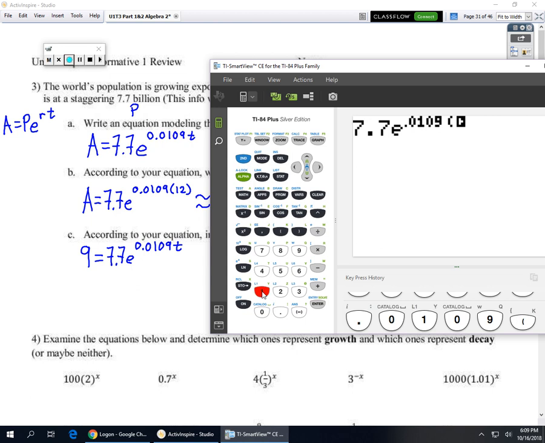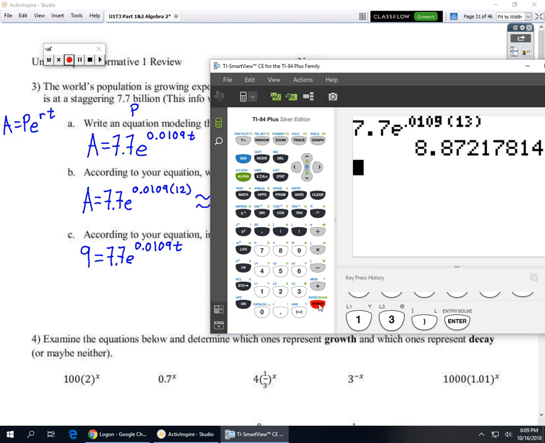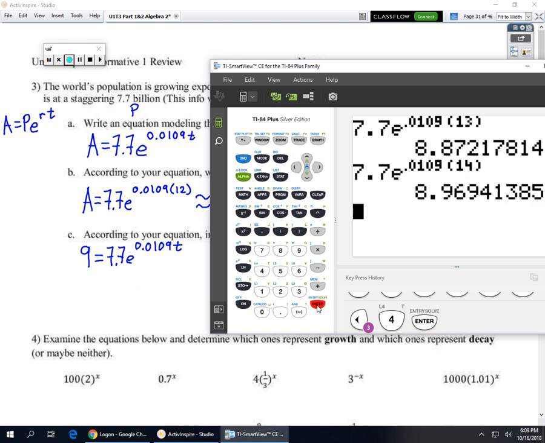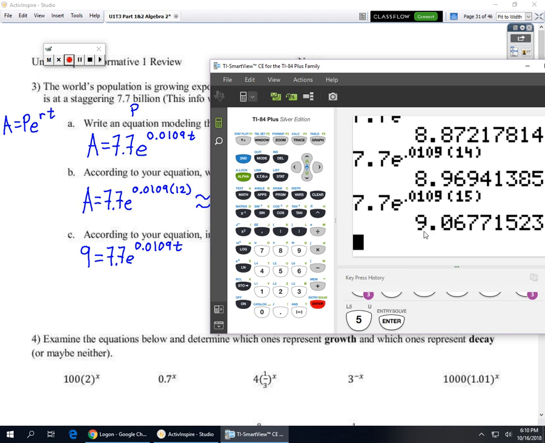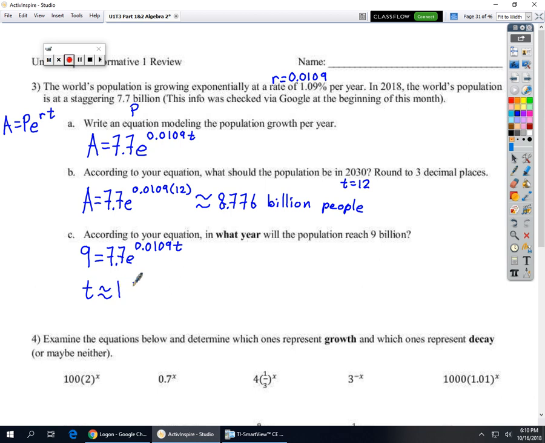How about 13? How much is it in 13 years? Does it reach 9? Nope, it's still more than 13. 14? Nope, almost. No, probably 15 years. Yeah, so in 15 years, the population is bigger than 9 billion. So t is approximately 15.